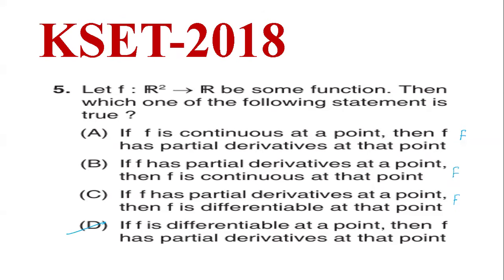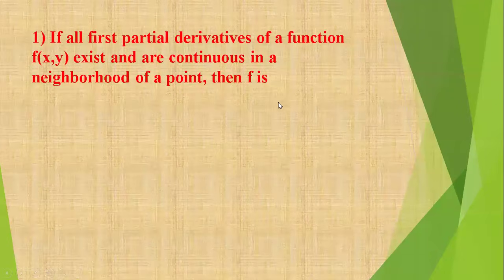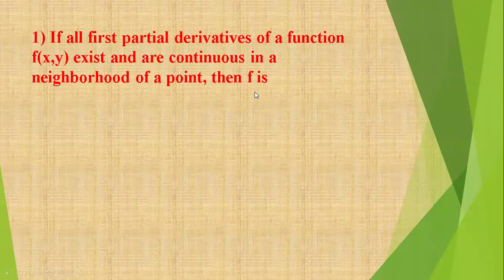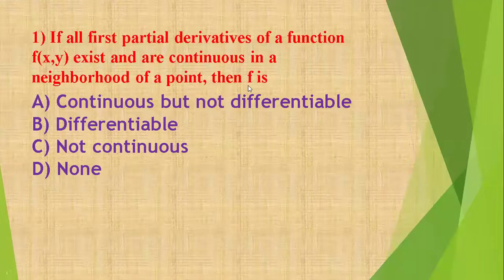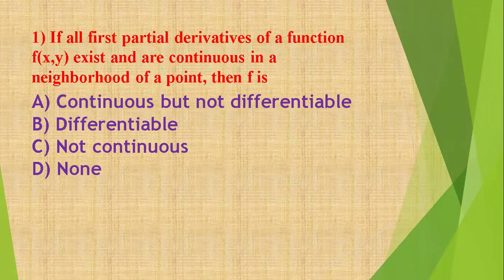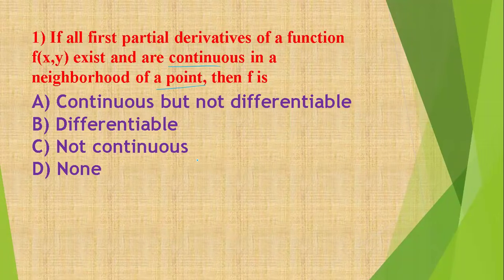Next question. If all first order derivatives of a function f x y exist and are continuous in a neighborhood of a point, then f is continuous, but not differentiable, not continuous, or none.